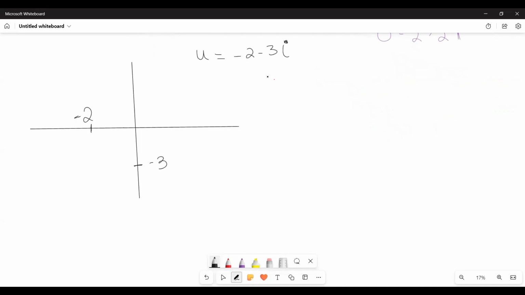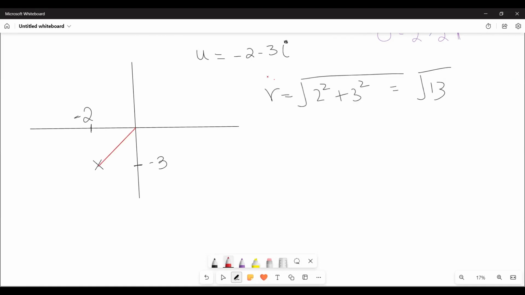Changing it into polar form, I'm going to do it quickly because we're running out of time. The square root of 2 square plus 3 square is the square root of 13. So the length from the origin to the point is the square root of 13.